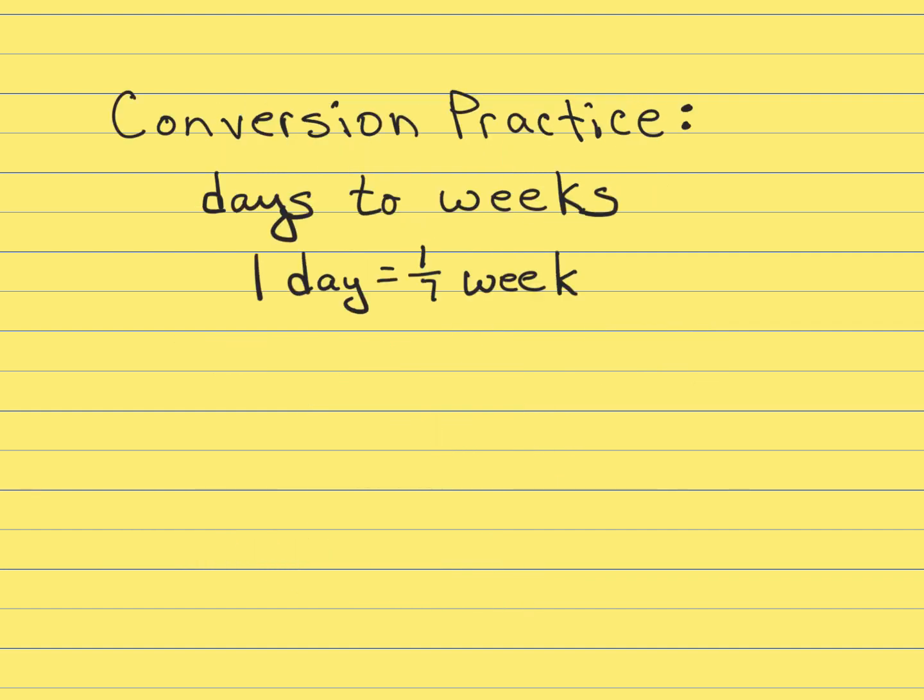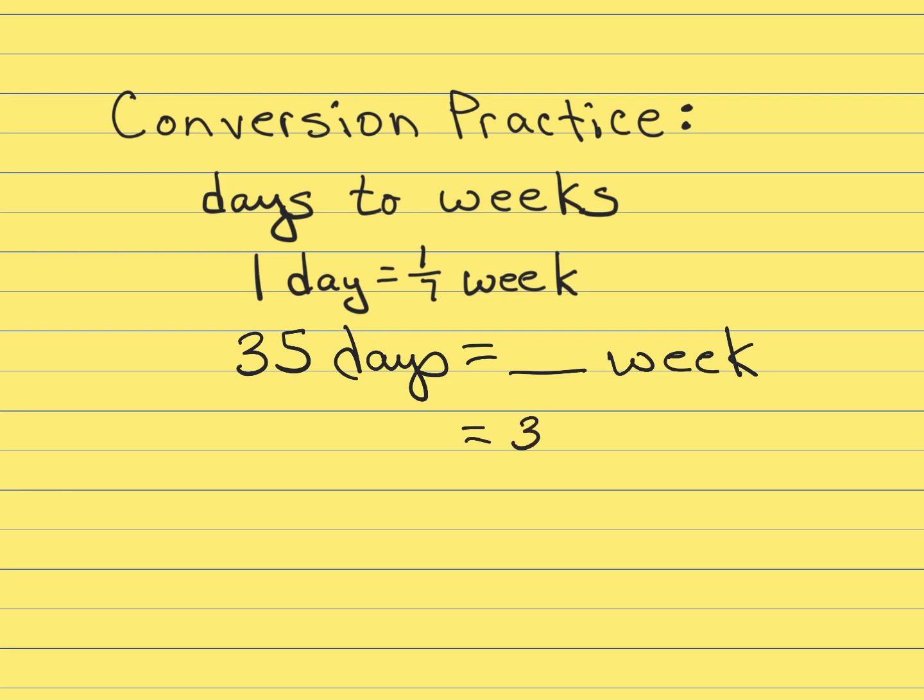Okay, so when we're converting days to weeks, we want to think of 1 day is equal to 1 out of 7 weeks, 1 part of 7. That's the same amount. Okay, so let's say we're converting 35 days, and we want to see how many weeks. So we would just multiply that times 1/7.